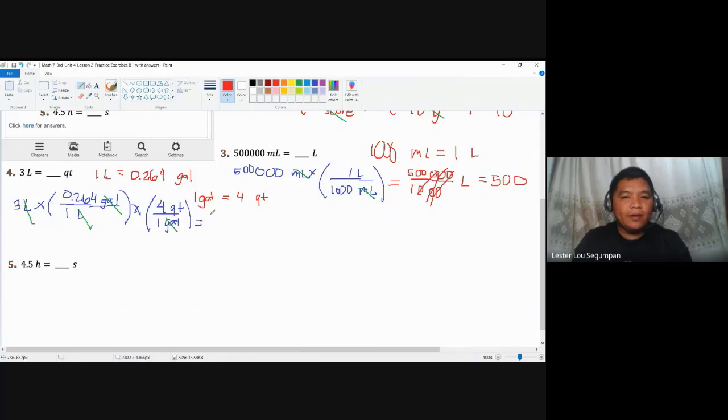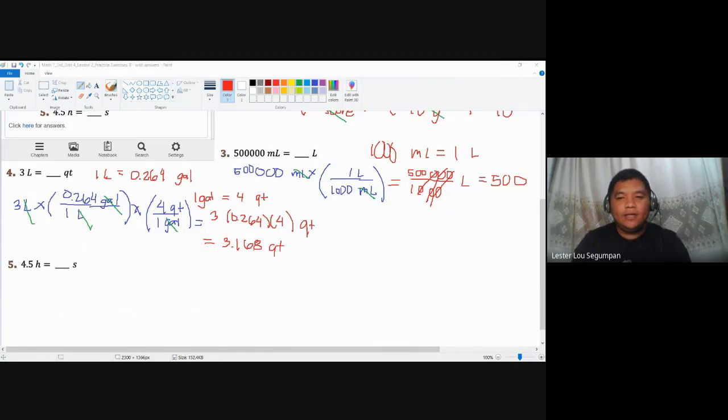So you have 3 times 0.264 times 4, and the unit now will become quarts. Use your calculators there: 3 times 0.264 times 4, you will get 3.168 quarts.